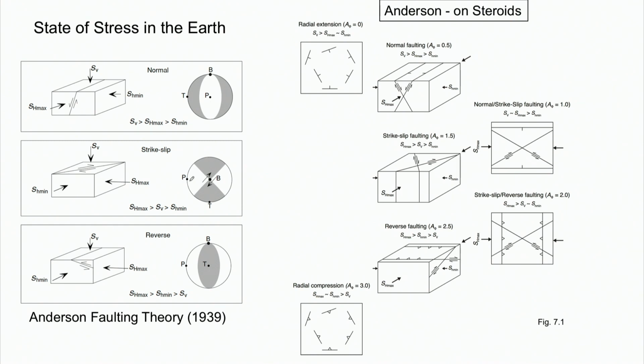But you can have an intermediate stress state in which normal faulting and strike slip faulting are active at the same time, as long as the vertical stress and the maximum horizontal stress are approximately equal and much larger than the least horizontal stress. Similarly, we can have a transitional stress state between strike slip and reverse as long as SH min and SV are approximately equal and SH max is much larger.